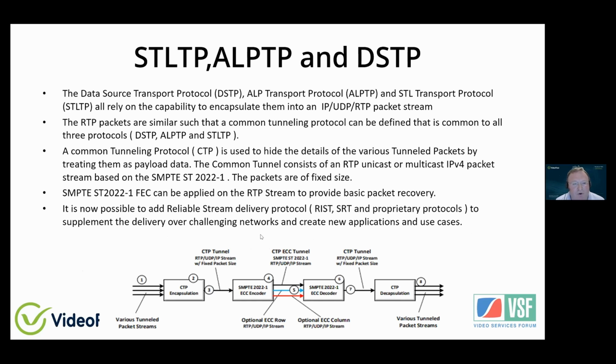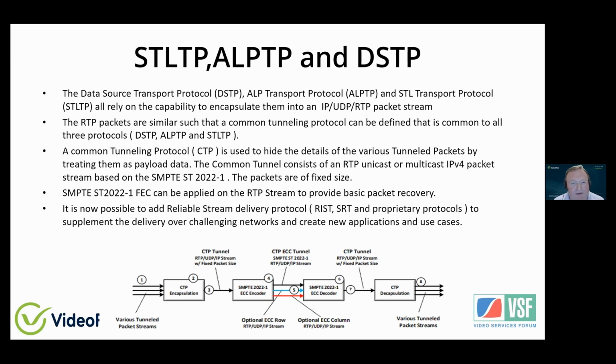Just to explain more on that, those three protocols, the DSTP, the ALPTP, and the STLTP, rely on the capability of encapsulating them into an IP UDP RTP packet, which is great because just like my predecessor spoke about transmitting RTP.